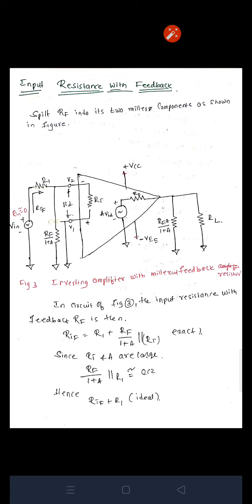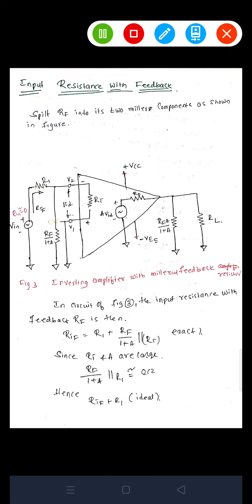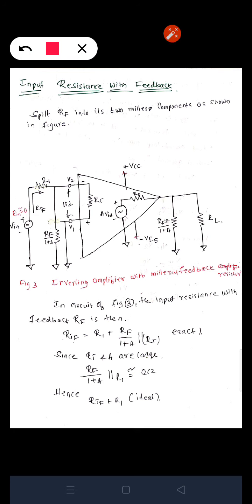We are going to split our circuit into two Miller components as shown in the figure: one resistance is Rf divided by 1 plus A, and the other is Rf divided by 1 plus 1/A, where A is the gain.